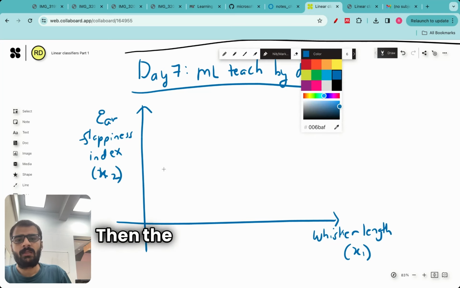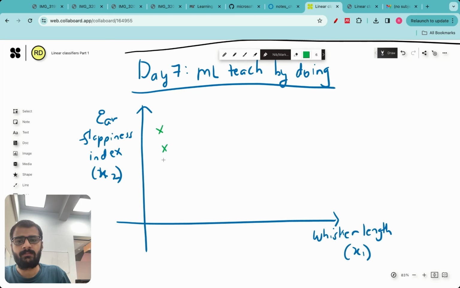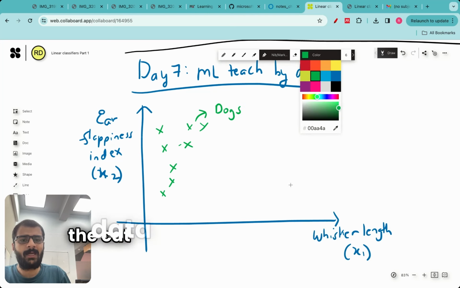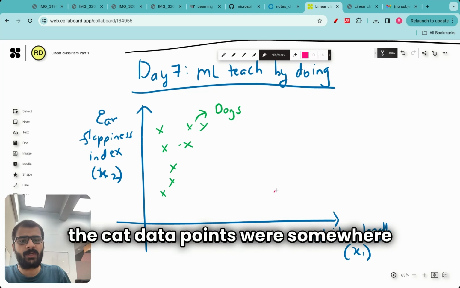Then the dog data points were somewhere here, and the cat data points were somewhere here.